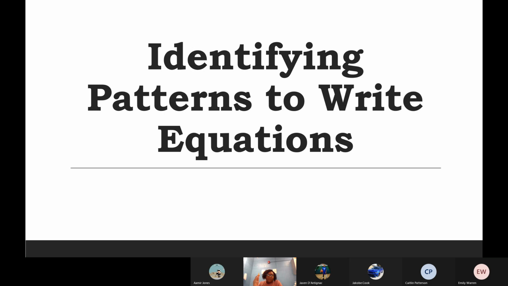Remember, our learning objective for this part of our lesson today, because we're going to break into inequalities today as well, is to use patterns to construct, write, build an equation, okay? Our equations will match the patterns that we see in our XY charts. So let's go ahead and get to work.